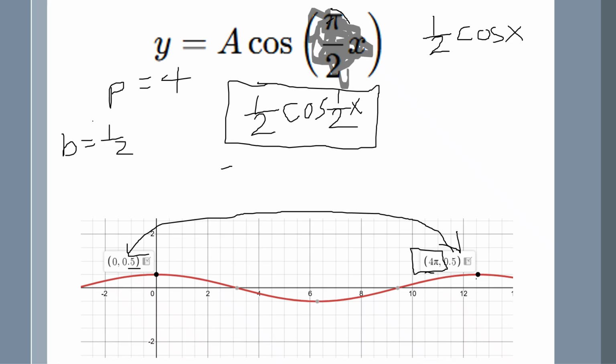All right. To determine if you used the correct number, which we did because we chose 1/2 for b to give us our period of 4 pi, there we go.